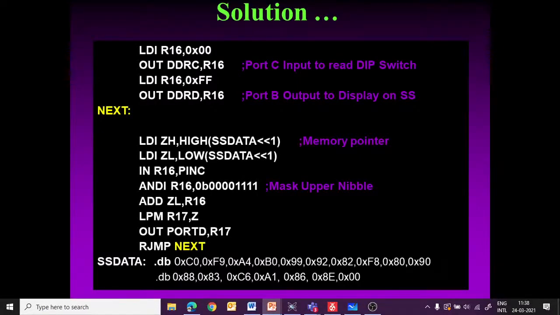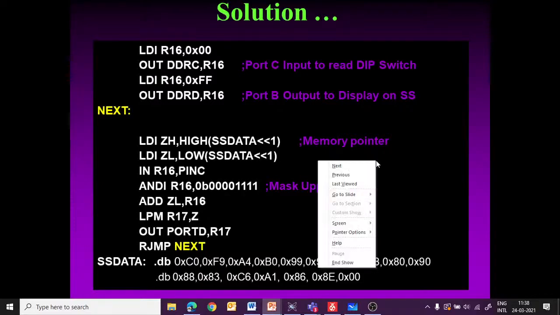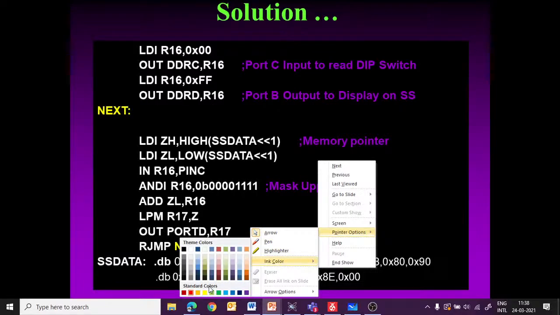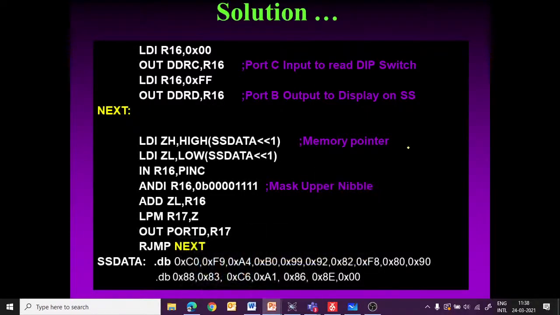So you can find out hexadecimal codes later on also. I have put all the codes here. As you can see in this program, I have placed all the codes here. Just you can verify. Later on you can find out the codes and verify with this. Okay.